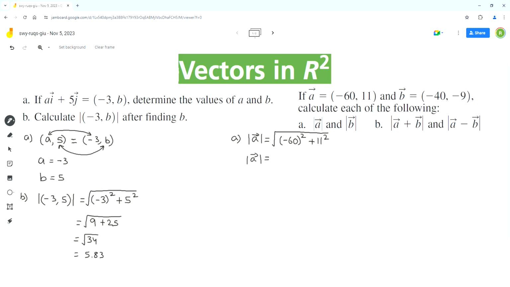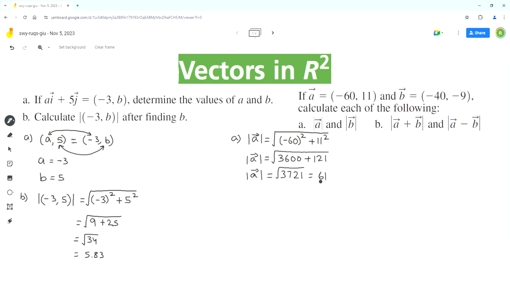So negative 60 squared is 3600 and 11 squared is 121. So this is equal to 3721, and the square root of that is 61. So that's the magnitude of vector a.